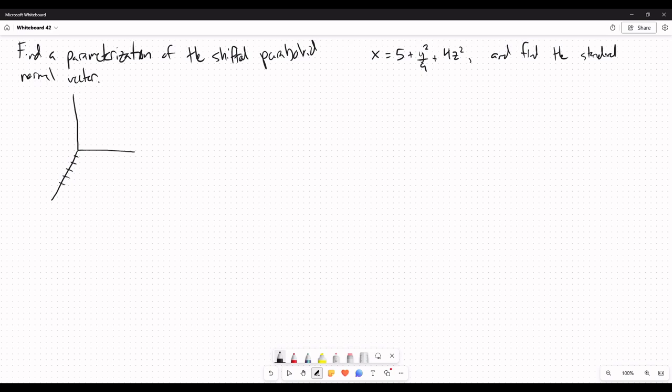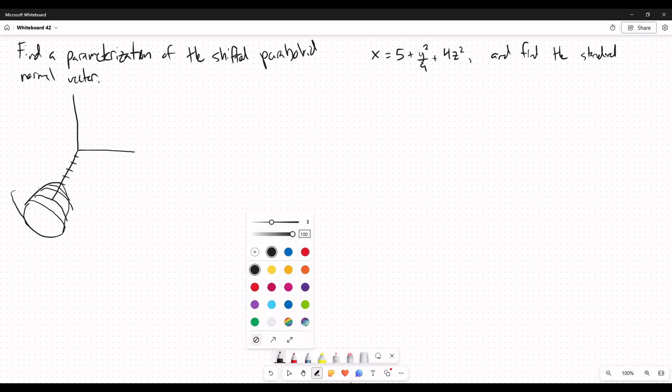And then from there on out, we're going to just have more like a bowl shape going outwards. And that, of course, goes all the way around. So that's kind of the shape we're looking at here.